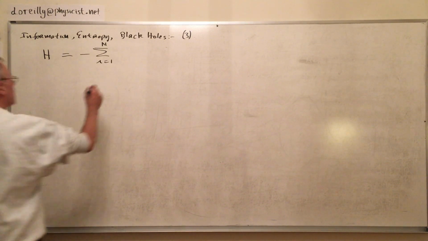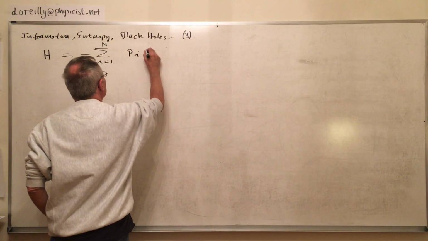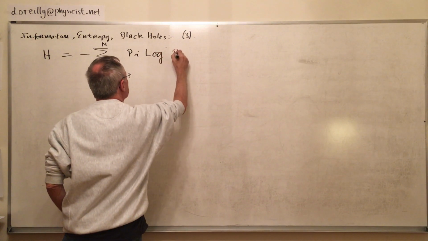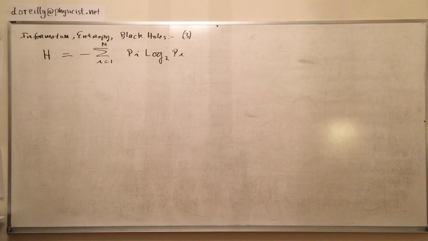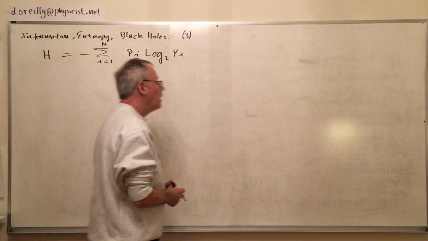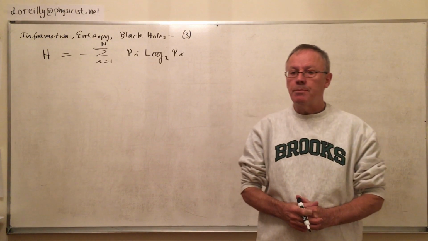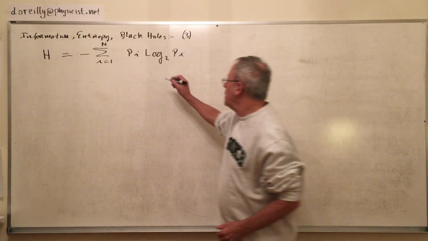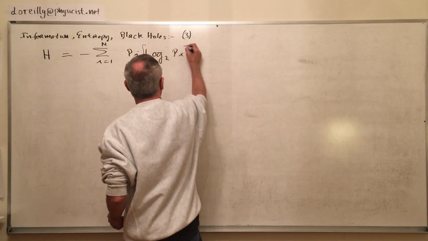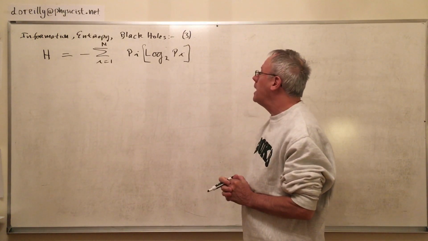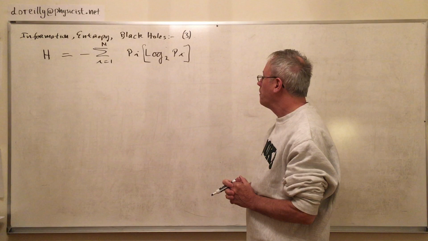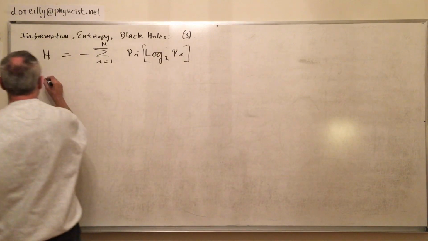And I'm sticking with the base 2, okay? Now, what does this look like? It looks kind of like an expectation value. If we define this to be our quantity, and the probability summed up over all the possible cases, that's like an expectation value, I think. What is expectation value?